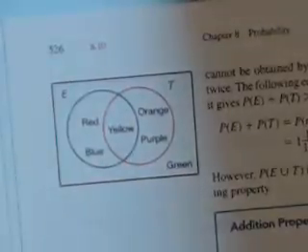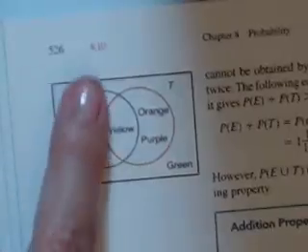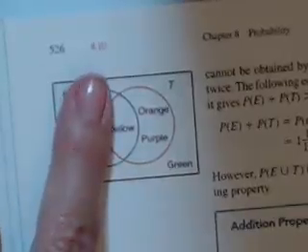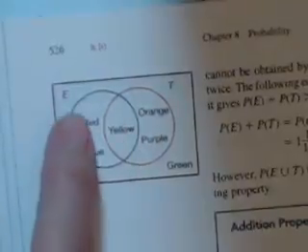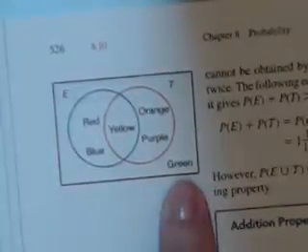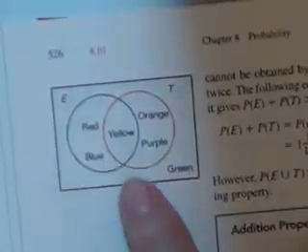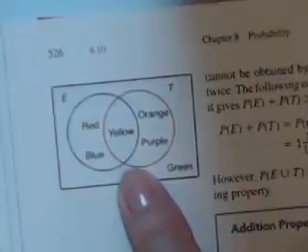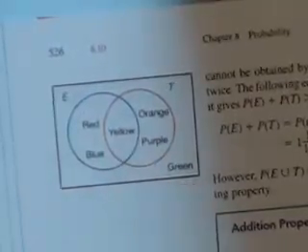So this would be the intersection. Yellow would be the intersection. Now the complement of T would be all the colors not in T, which is red, blue, and green. And the complement of E would be all colors not in E, which would be orange, purple, and green.